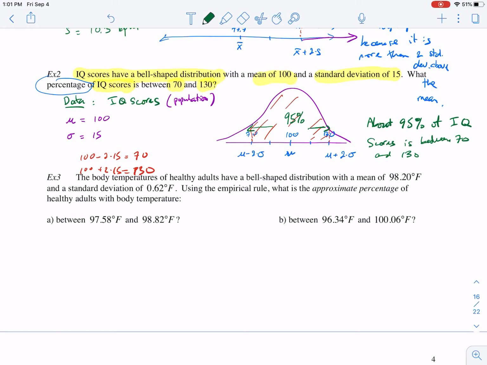Another way of looking at this is, we can say this person has an IQ score of 120, so that person belongs to the 95% of the population's IQ scores.